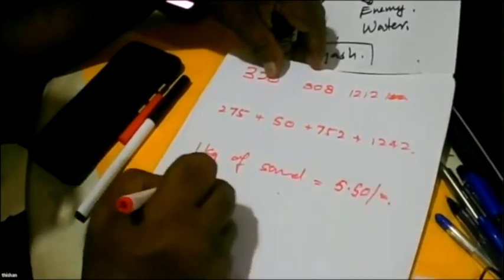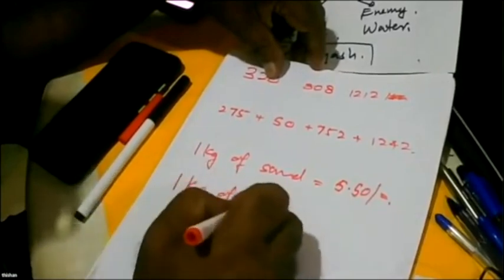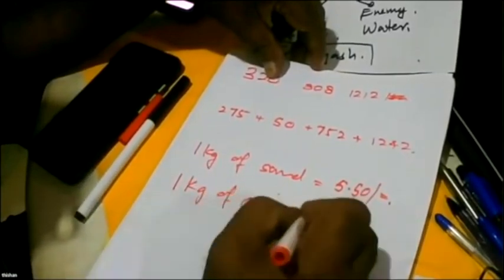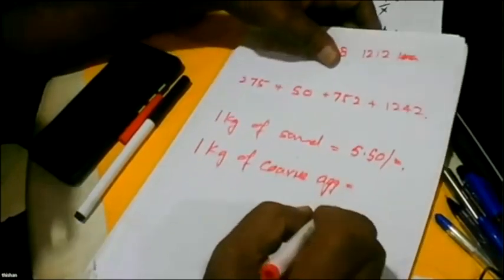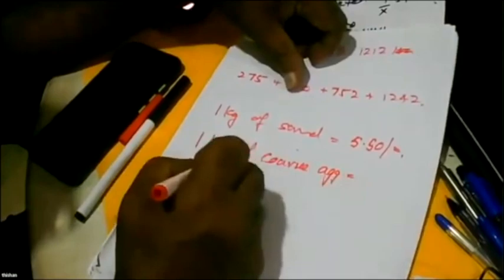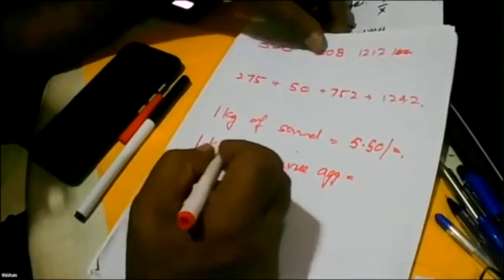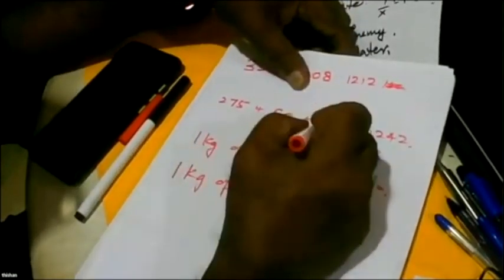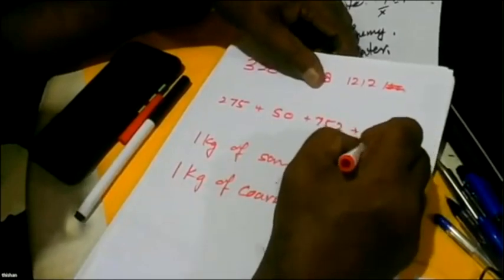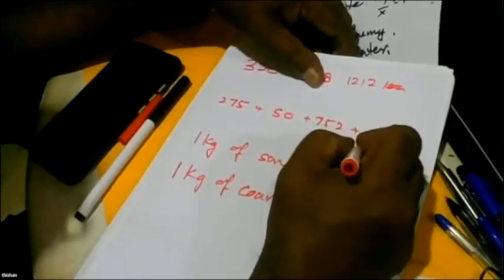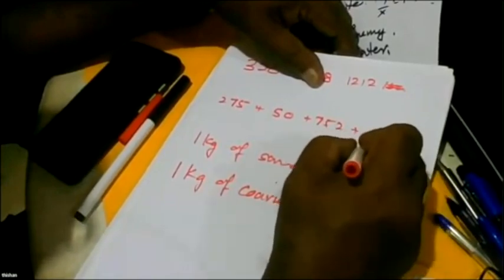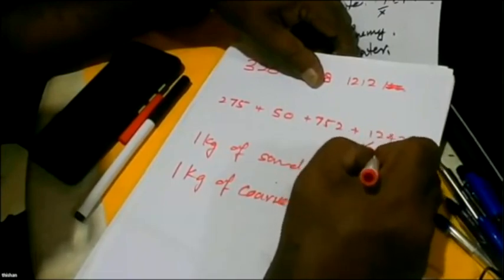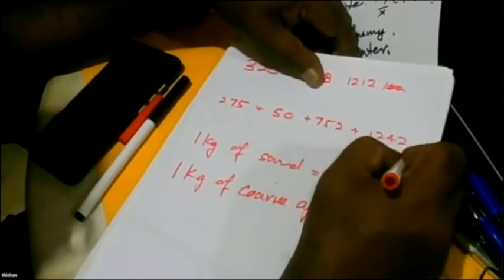What is the price of 1 kilogram of coarse aggregate? Now we are using half-inch aggregate and 3/4 together. So if you want 1242, you might use say 600 of half and 642 of 3/4.